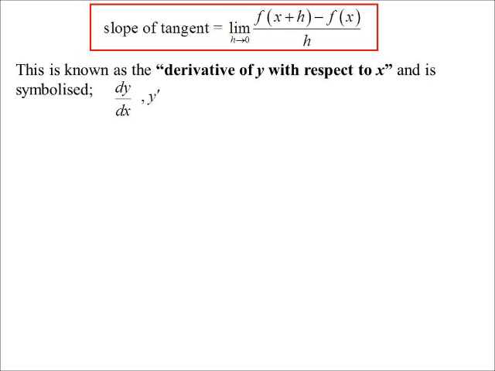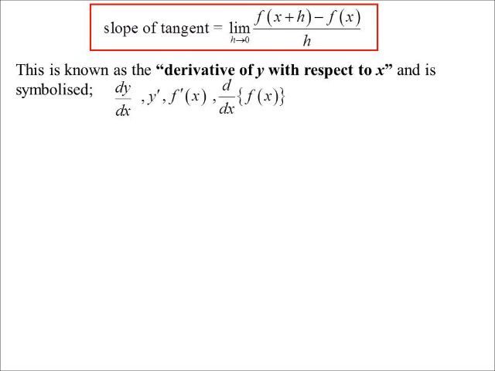The y dash is a way of saying the first derivative. Sometimes it's f dash x. Right? So the original function is function x, the derivative is f dash x. Sometimes we simply say, well, I'm going to differentiate whatever the function is with respect to x. So they actually write out the whole function in there rather than saying y.